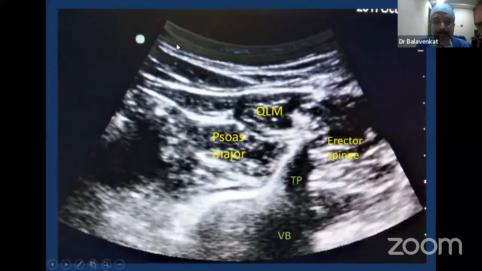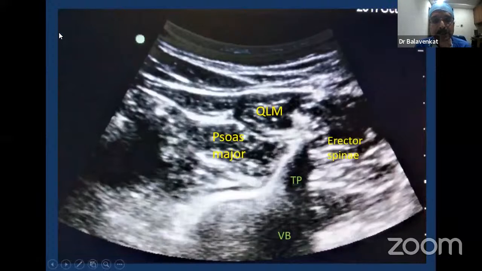You come in plane, and then you get the needle here. It's better to use a 10 centimeter needle for a QL block. For those who do not have the specified block needle, I think you can use a spinal needle, a 22 gauge or 23 gauge initially, but later you can go for a 25 gauge spinal needle.